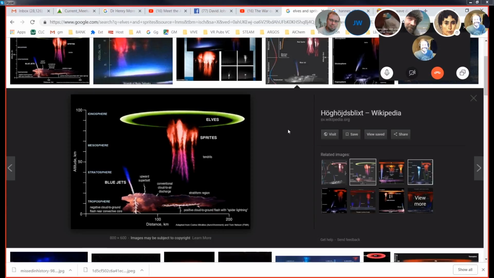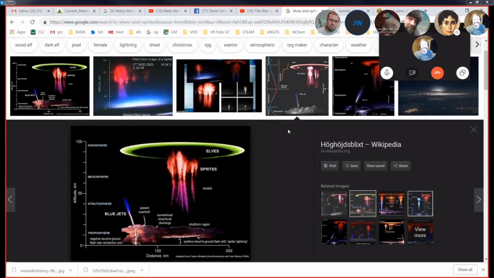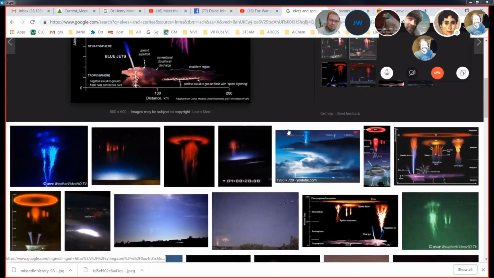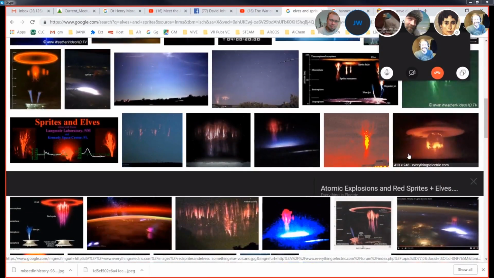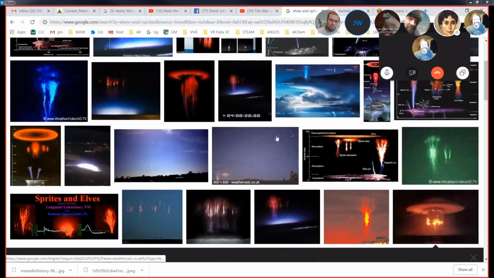Like energy is going through it, and that's sort of like a rotating ring current. It's only there for a second, because you can see in the videos that they're just like pow, and they're there and they're gone. Obviously, all of these things are very transitory. Or nuclear bombs, same thing. Yeah.